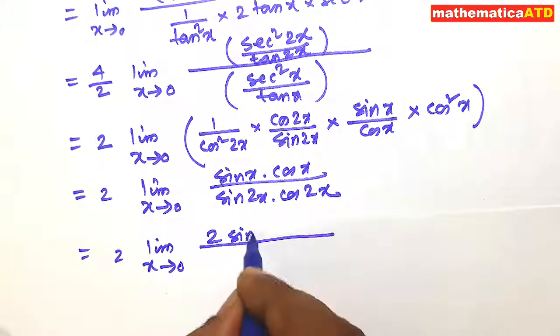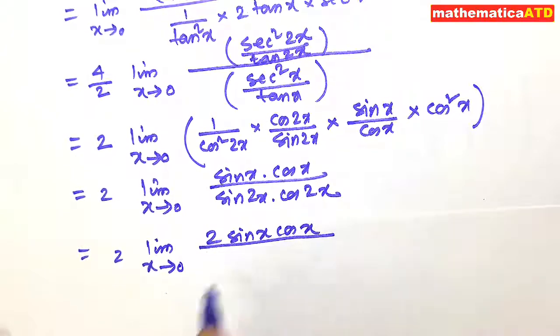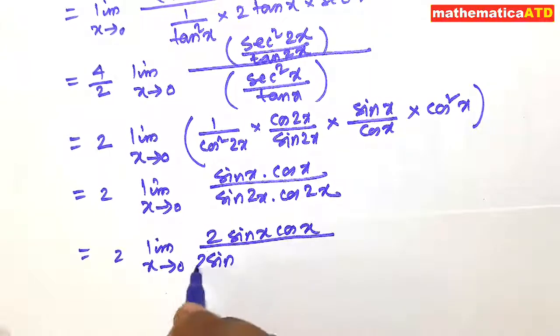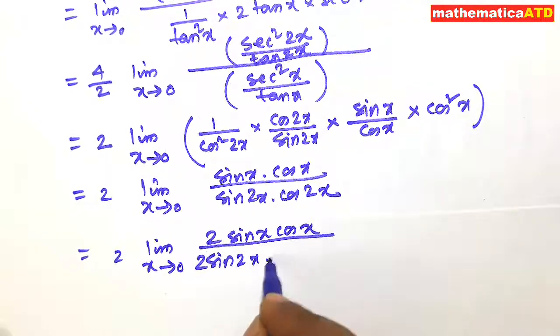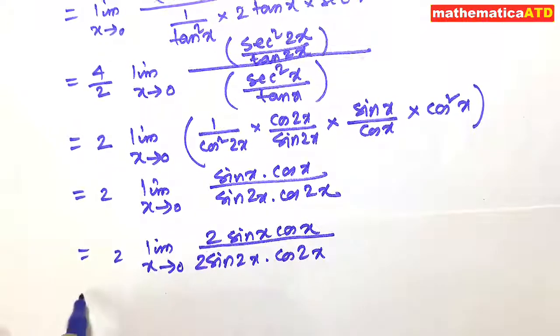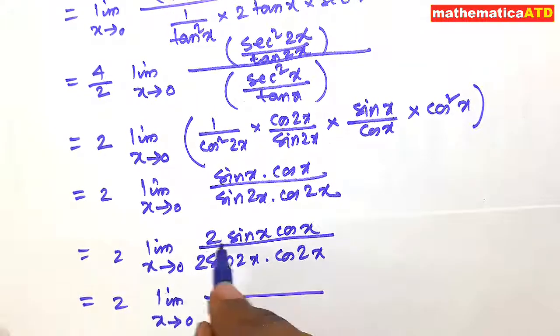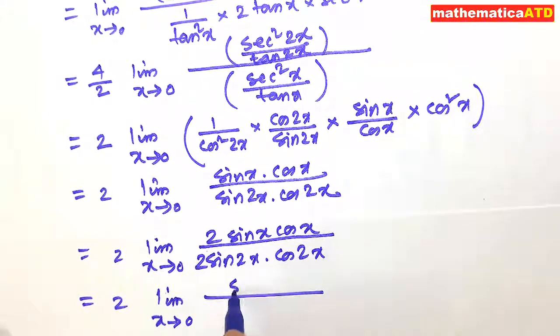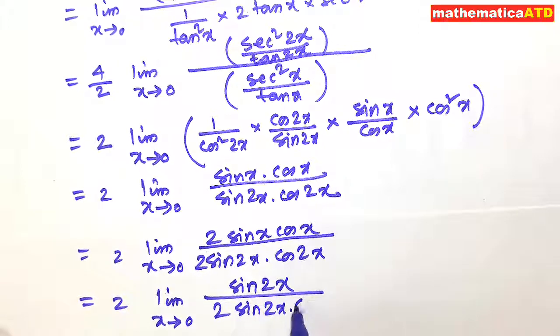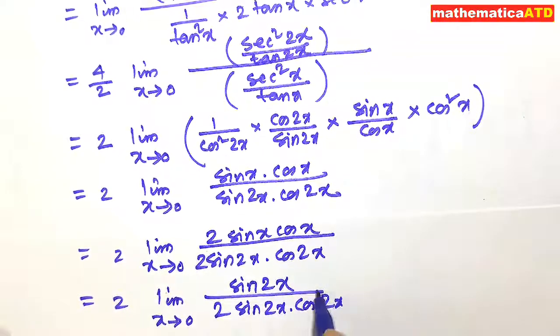So 2 sin x cos x divided by sin 2x into cos 2x. So this is twice limit x tends to 0 of 2 sin x cos x, which means sin 2x, divided by 2 sin 2x into cos 2x. Sin 2x is cancelled.